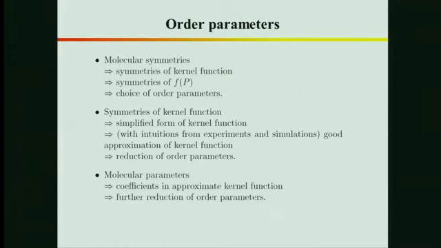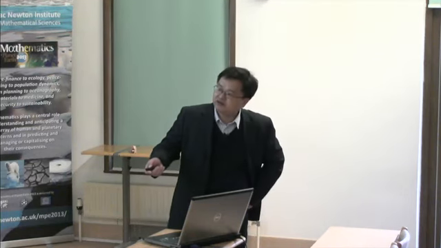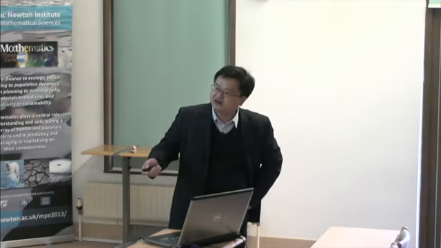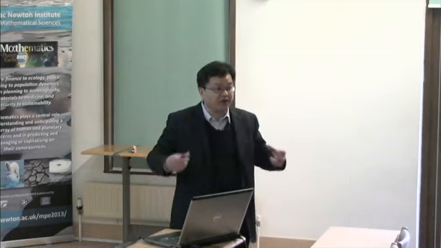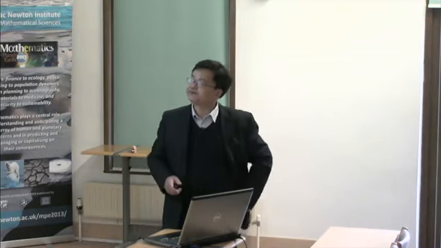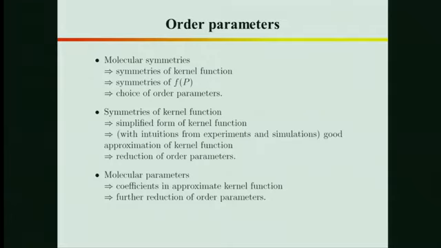Another important thing is the molecular shape, which also gives some parameters. For example, for the rod, we have the length L, and the diameter of the rod is D. We say these are the molecular shape parameters. So the molecular parameters go into the coefficients in the approximate kernel function. Then we can reduce the other parameters. I will show you later.